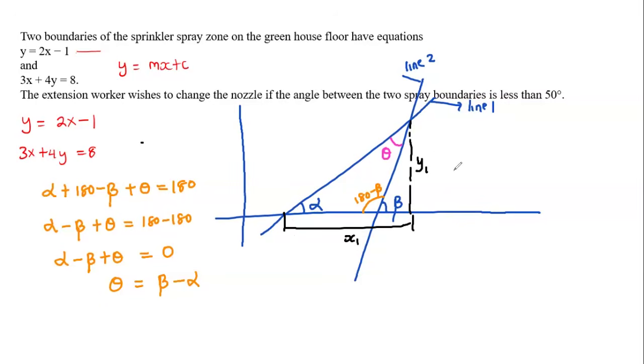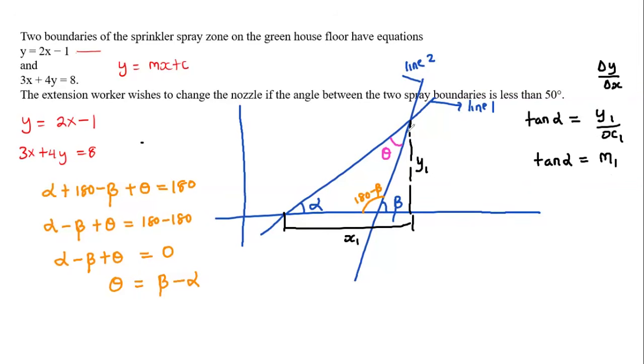When I use the trigonometric identities, I can say that tan of alpha is equal to the opposite over the adjacent. y1 is the same as the change in y, and x1 is the same as the change in x. Change in y over change in x is what we call the gradient. So tan alpha is the same as m, where m is the gradient. For the first line, I can call it m1.